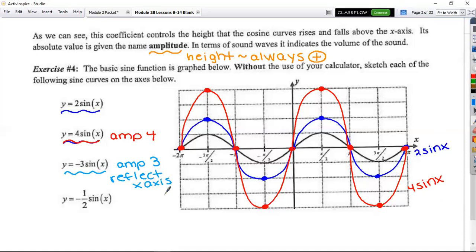And again, do this off of the original. So go back to the first one that was drawn there for you. So reflect over the x-axis and then 3. So this point stays the same, and this one goes down to -3 instead. This one stays the same, and this goes up to 1, 2, 3.